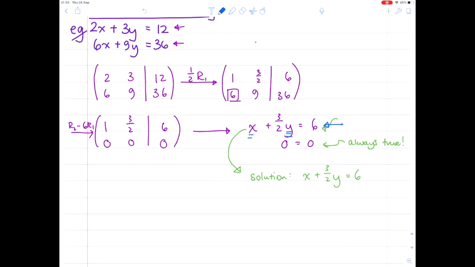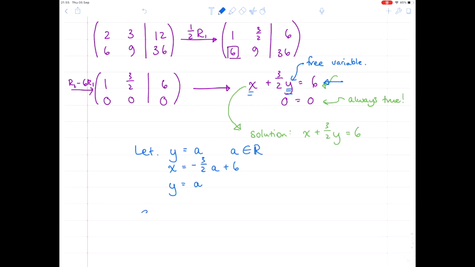So we said y is a free variable, and we said let's call it, for example, a, where a is any real number, and then our two equations become x is equal to minus 3 over 2a plus 6, and y is equal to just a.